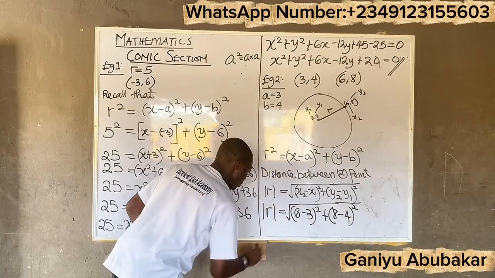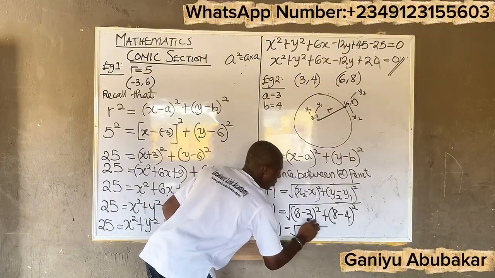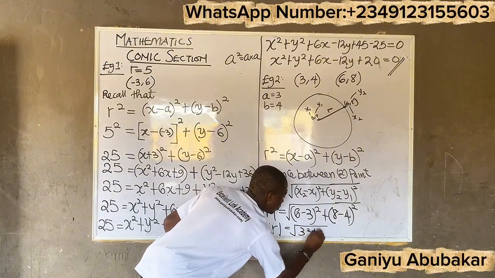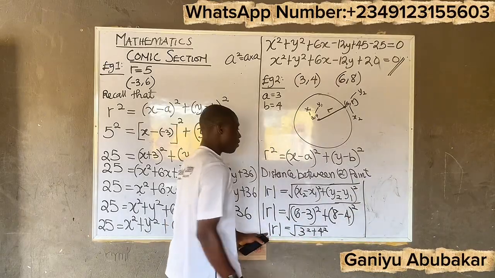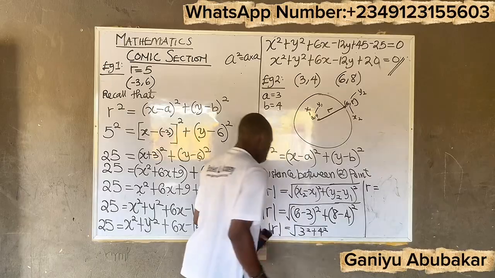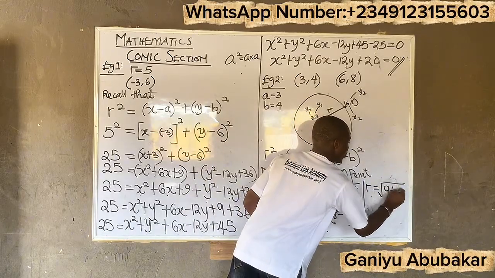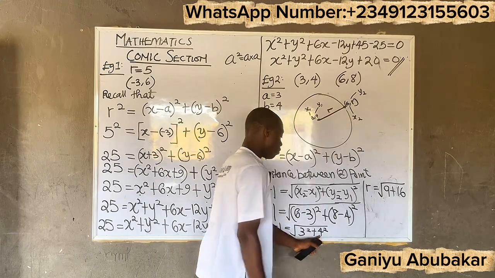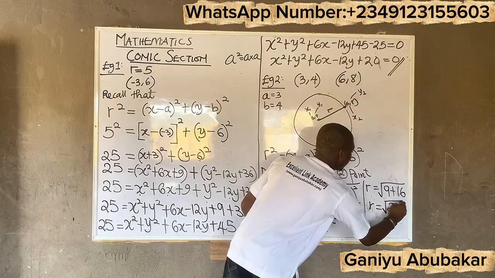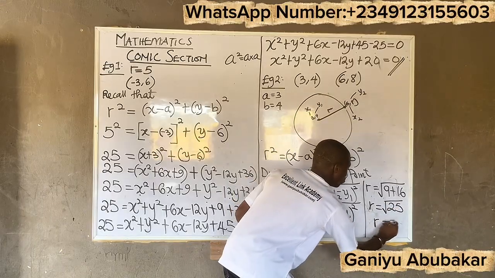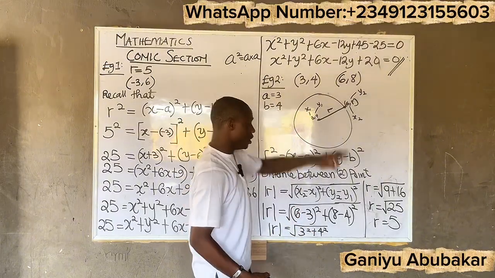If I move on with this, r is equal to the square root of 3 squared plus 4 squared. 3 squared gives you 9, and 4 squared gives you 16. So r is equal to the square root of 25. Root 25 gives you 5. So the value of r in this question here is 5.